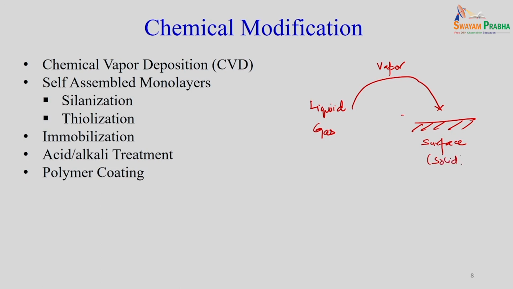So, the only difference from PVD is that in PVD the starting target is also a solid, but here the starting target is either liquid or gas. Again, for this CVD we require instruments.